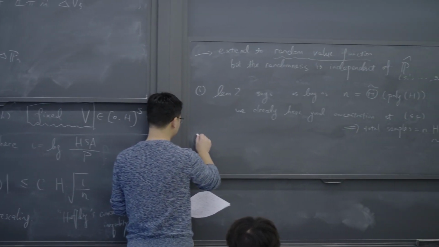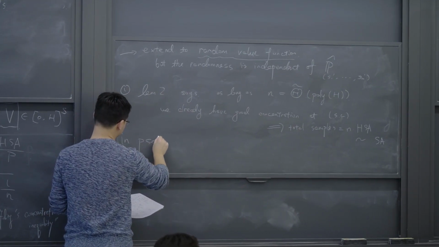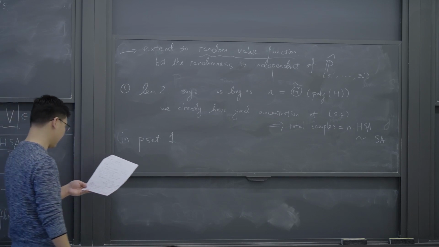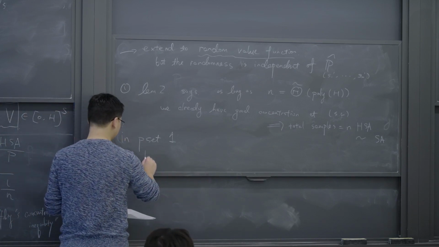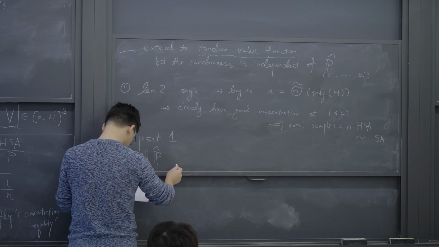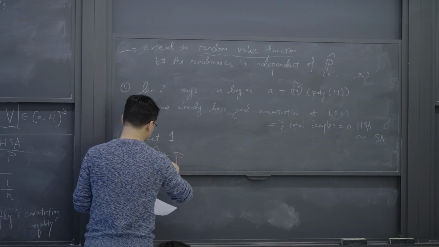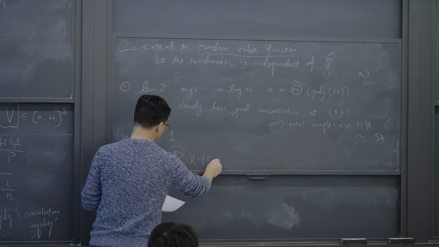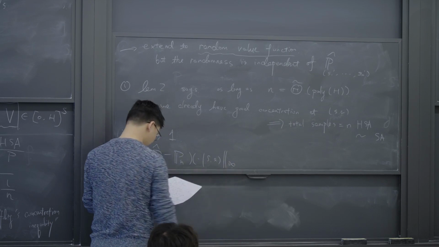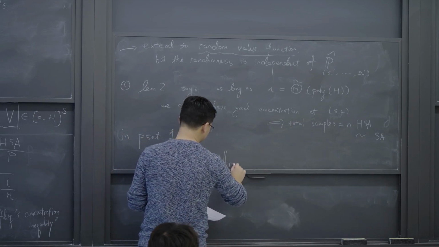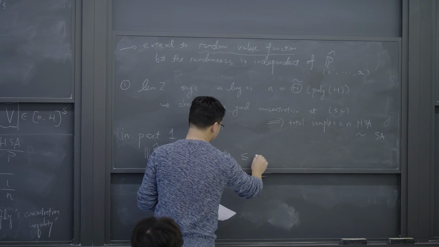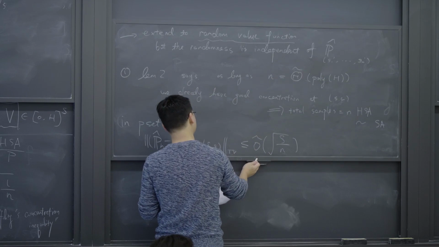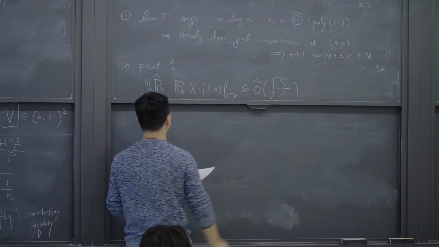So in P set 1, we also have another result. We will ask you to prove this: P hat minus P, in infinity norm or TV distance, is less than or equal to O tilde square root S over N. This has some logarithmic term.